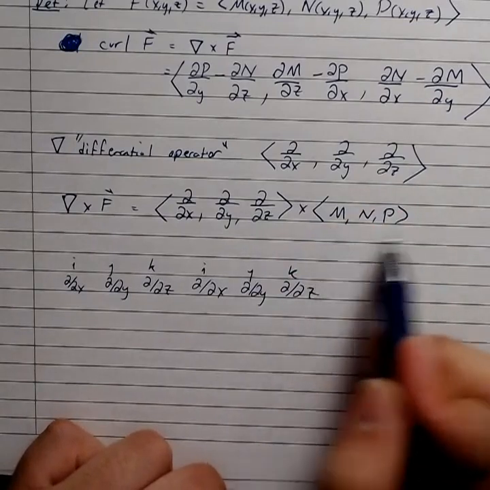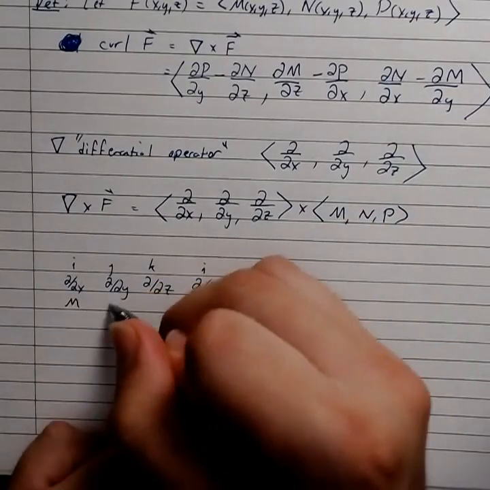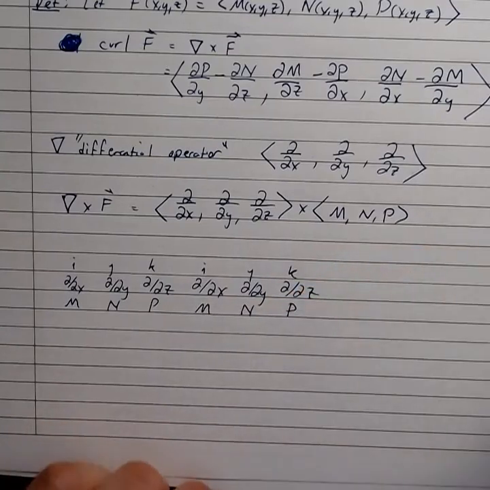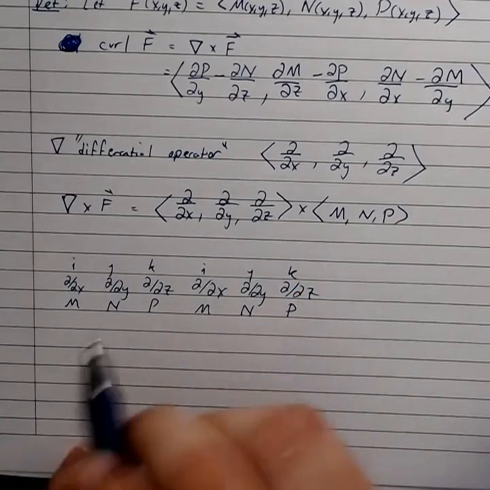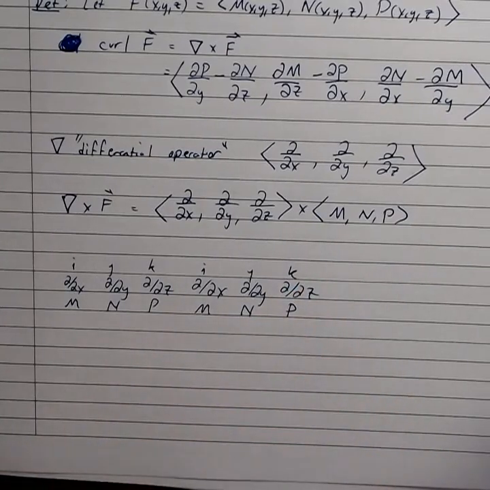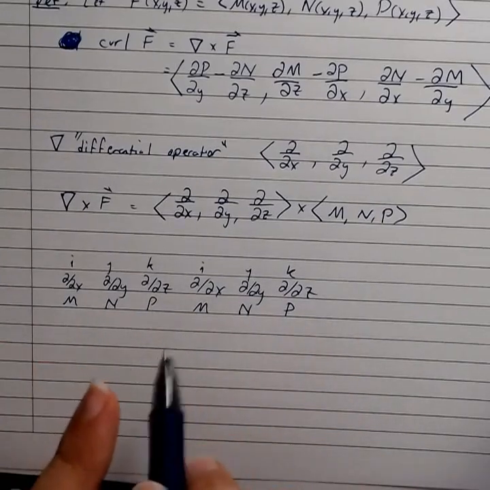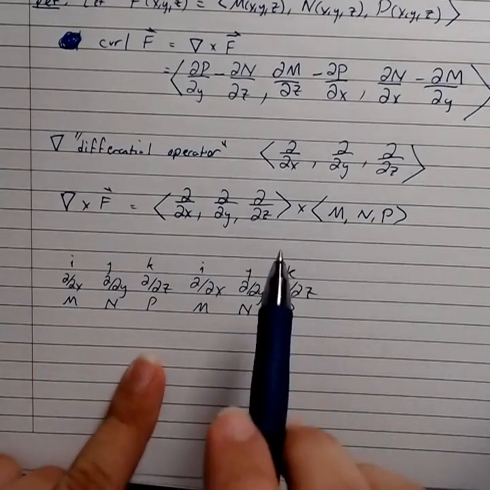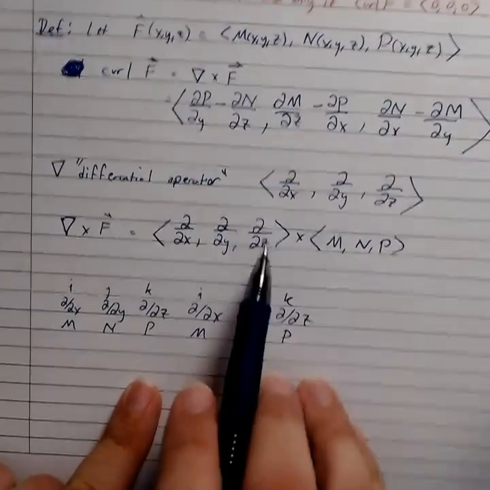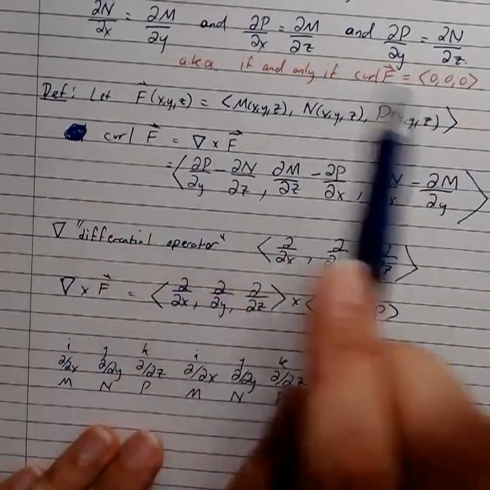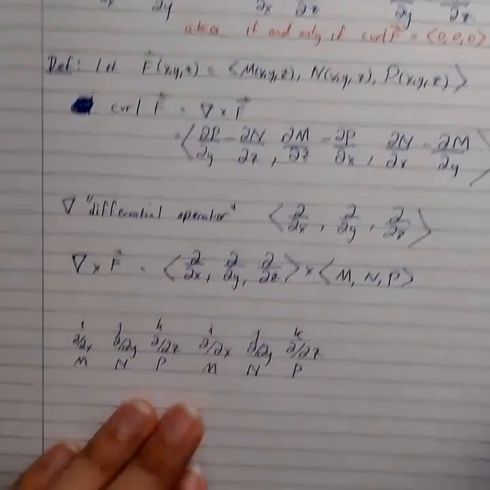And then these are the components of my second vector, m, n, p. All right, so now if I was going to take the cross product, and again, this is terrible abuse of notation. I know I keep saying this, but I feel like I have to. None of this is technically correct. You can't actually do this. This is meant as a mnemonic. It's meant to help you remember what this is without having to memorize something so difficult to memorize.